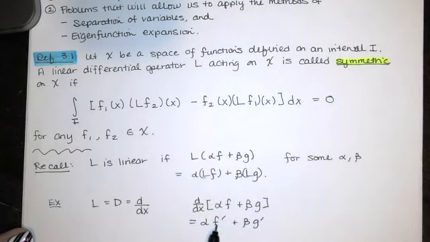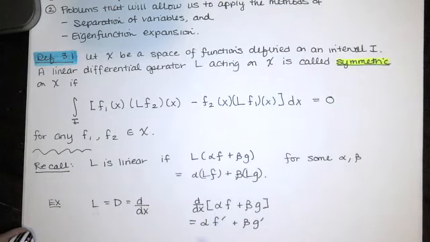So that's the operator applied to f times alpha plus the operator applied to g times beta. And that's going to be true for all the differentiable functions f and g and real constants alpha and beta. And it turns out to also be true if those constants are complex. So this is a linear operator.